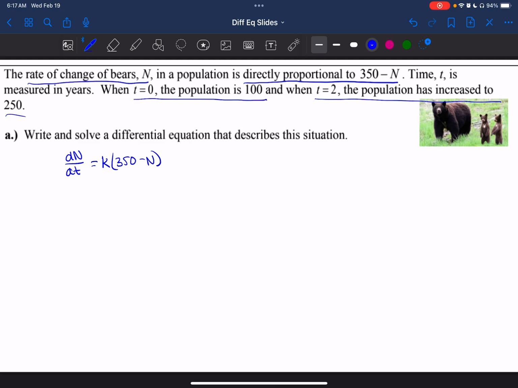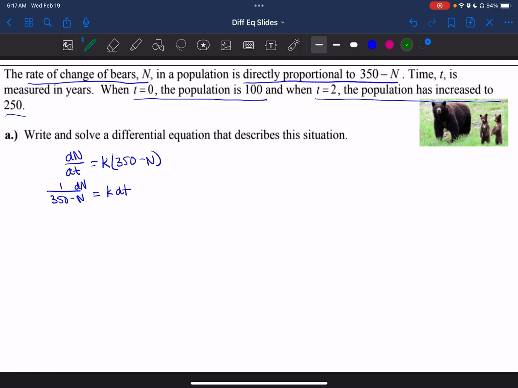So let's divide the 350 minus n to the left and multiply the dt to the right. I'm not going to distribute that k and then try to add n to the right-hand side. It's just going to become a mess. So we've got 1 over 350 minus n dn equals k dt. Oh, I forgot my dn over here.